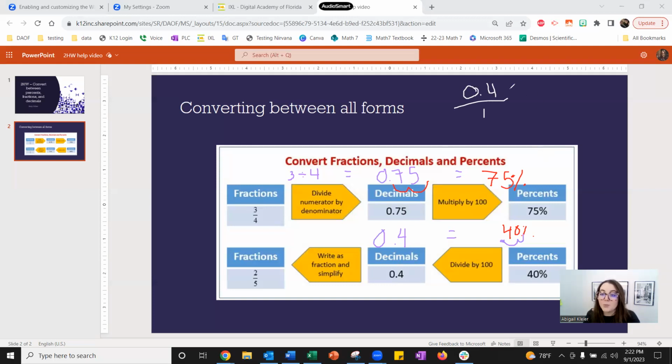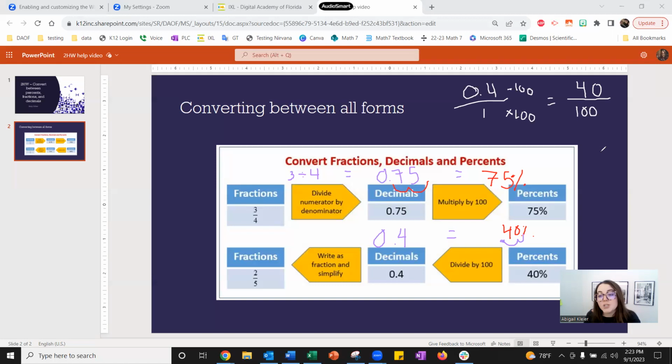Then your next step would be to multiply top and bottom by 100. And what happens when you do that is you now can easily get rid of all the decimals that are in your original decimal form. So 0.4 times 100 is 40, and our denominator is 100.